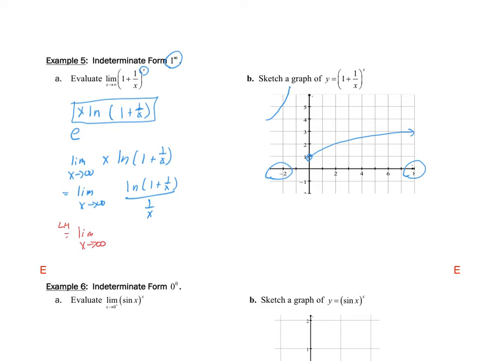All right, so then my derivative of natural log is 1 over the argument, and then chain rule, multiply by the derivative of that argument. Derivative of 1 is 0. Derivative of 1 over x, so that would be x to the -1. So you bring down the -1 and drop them to a -2. And then again, we have 1 over x, so we just did that.